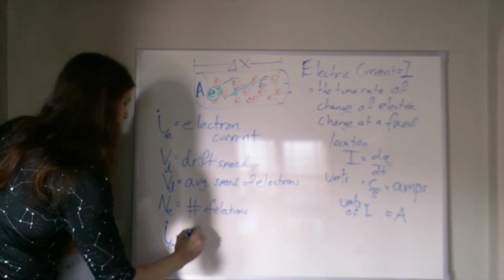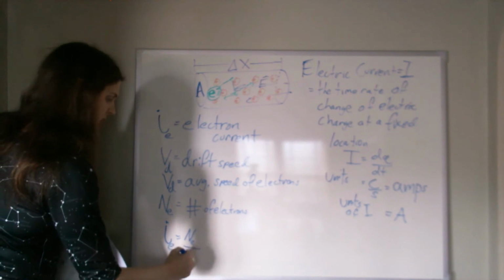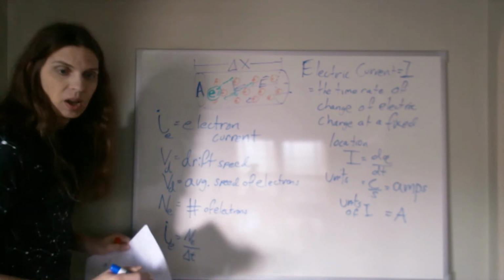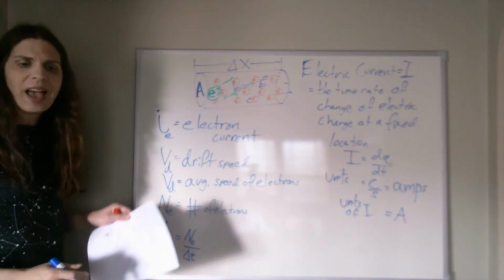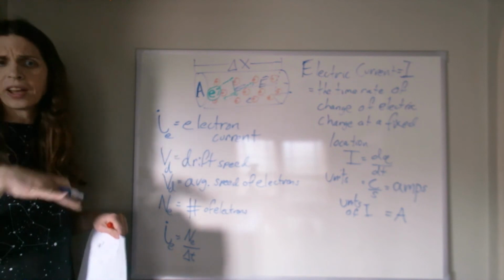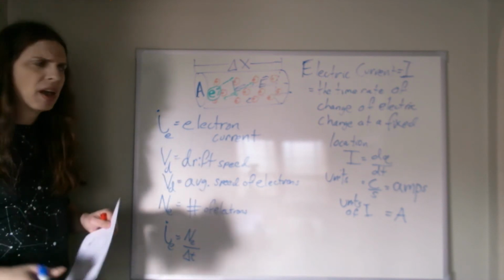Electron current then gets to equal that number of electrons over delta T. And you may be thinking, oh, well, we're doing calculus, why isn't that a dN/dt sort of thing?